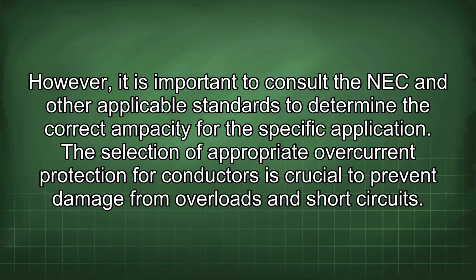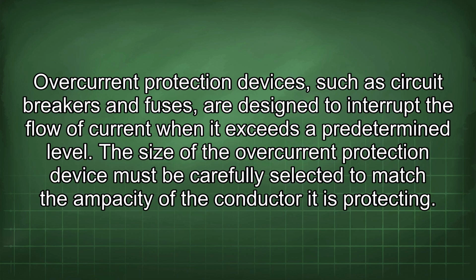The selection of appropriate overcurrent protection for conductors is crucial to prevent damage from overloads and short circuits. Overcurrent protection devices, such as circuit breakers and fuses, are designed to interrupt the flow of current when it exceeds a predetermined level. The size of the overcurrent protection device must be carefully selected to match the ampacity of the conductor it is protecting.